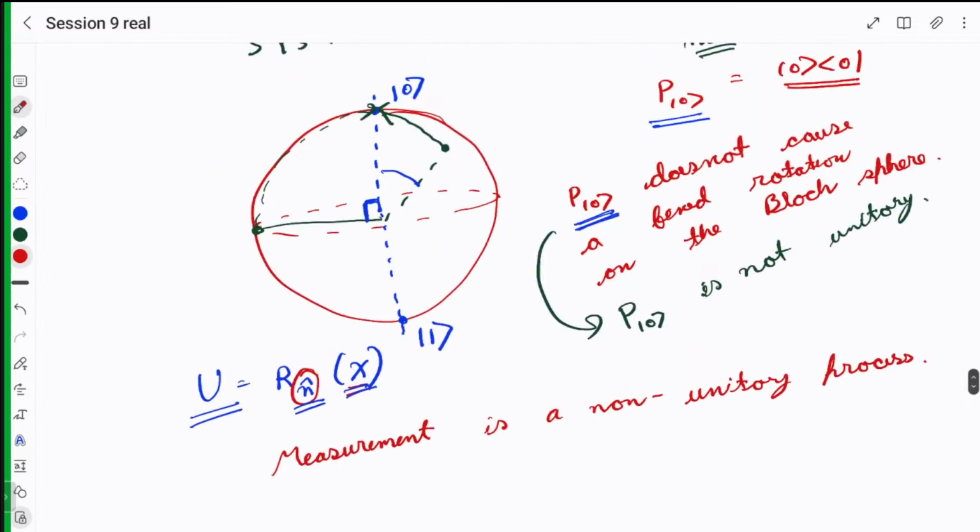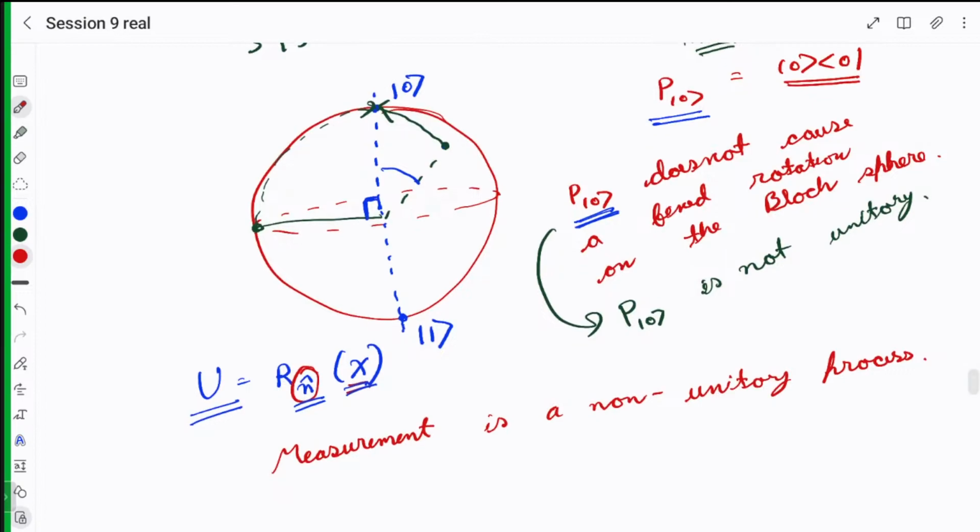That is how you can understand it from the Bloch sphere. And it is for this reason that we have a separate postulate for measurement and collapse, and we cannot incorporate it within the unitary evolution postulate.